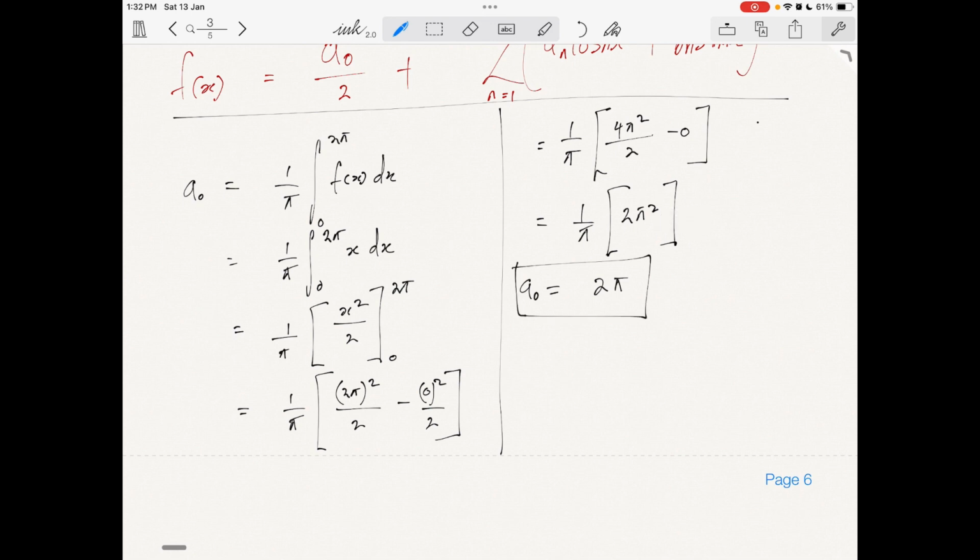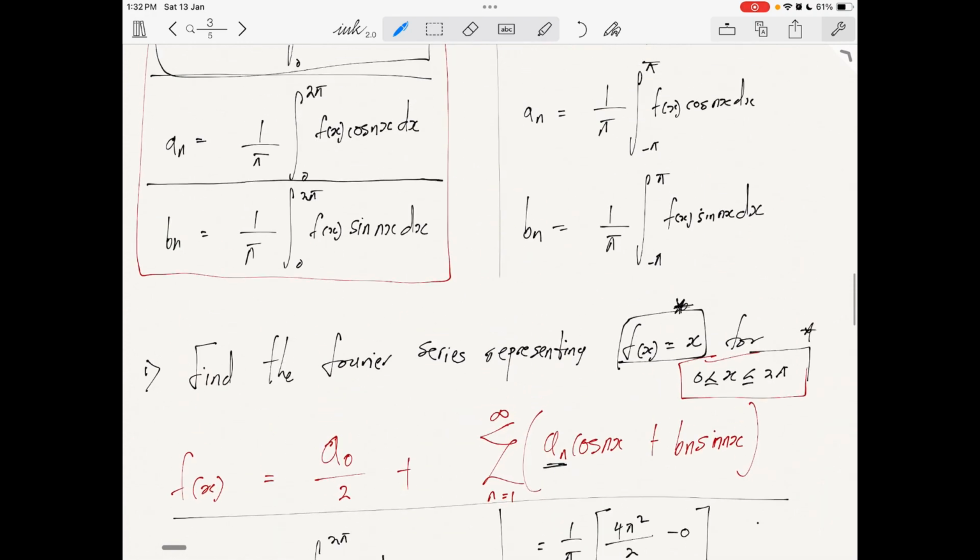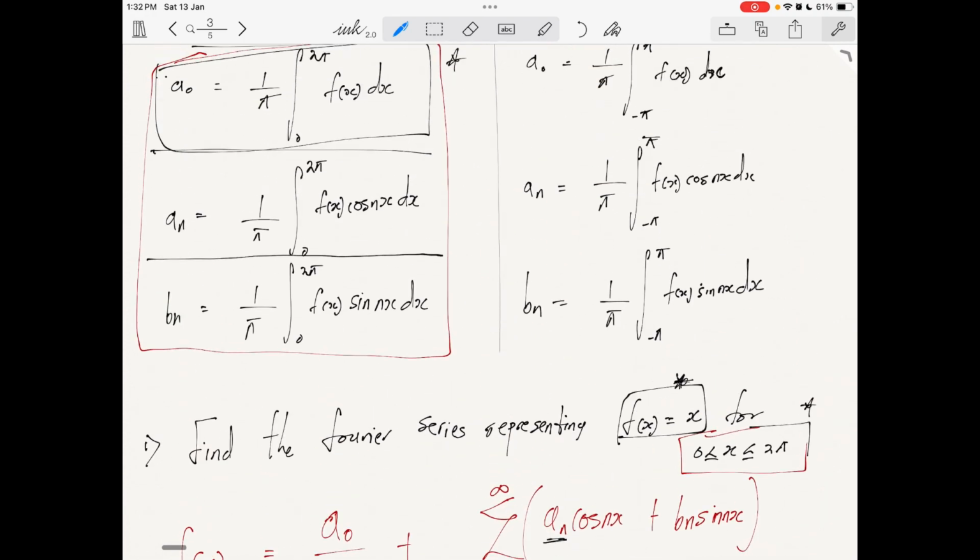Now the next thing to do is to evaluate an. From our formula, an is equal to 1 over pi integral of f of x cos nx dx from 0 to 2 pi.